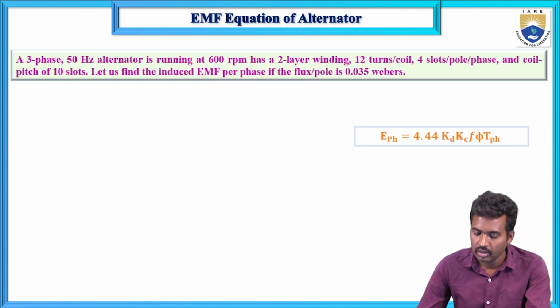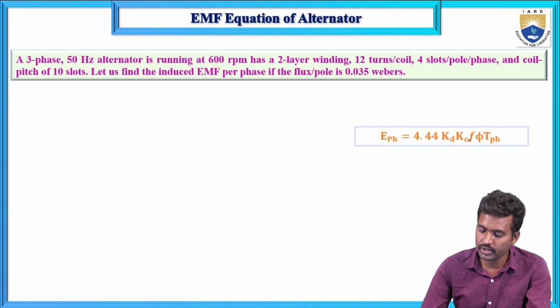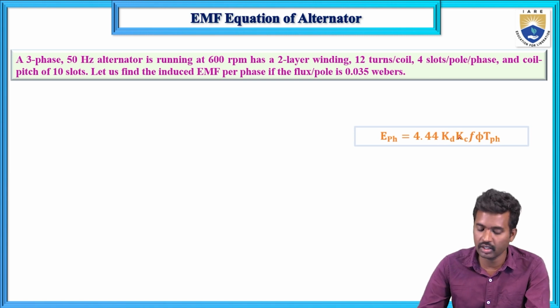Now here the flux value is given and the frequency value is given, but the total number of conductors we get from the 12 turns and 4 slots. From this you can calculate the turns. The most important part is the calculation of Kd and Kc.